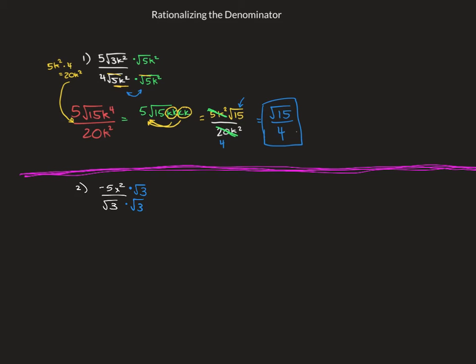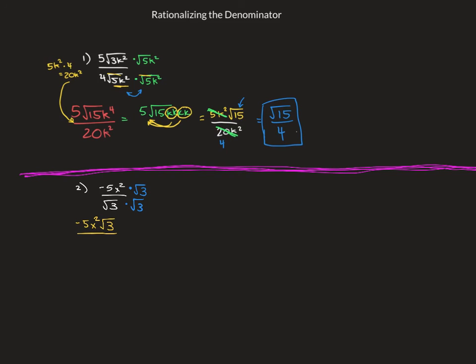And then next, what we would do is create a completely new bigger fraction. So this would become minus 5x squared root 3 divided by, and what's root 3 times root 3?